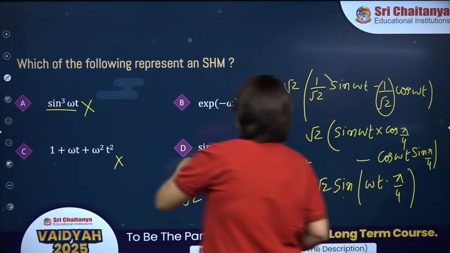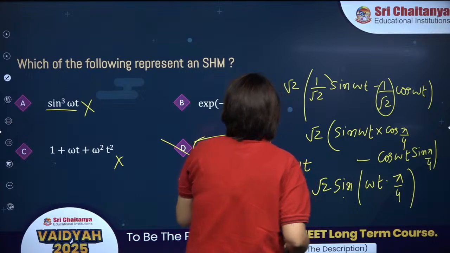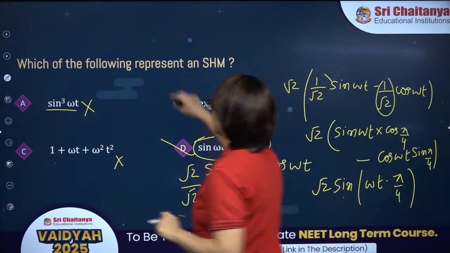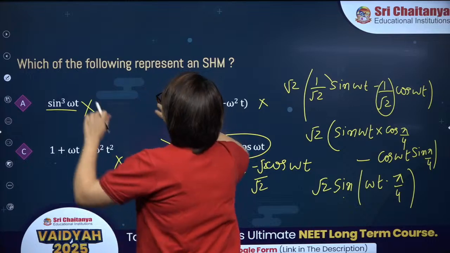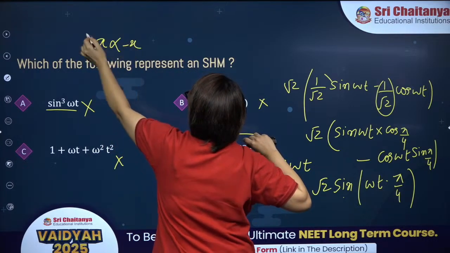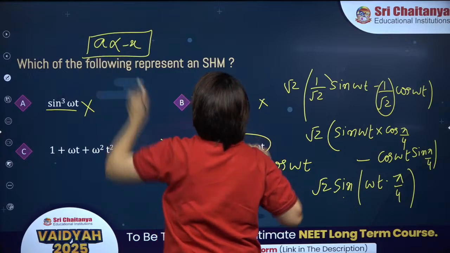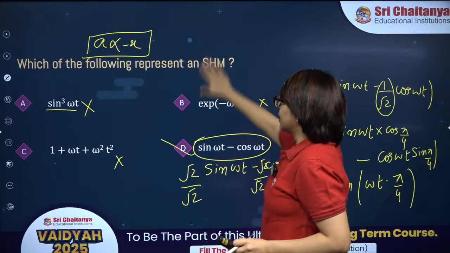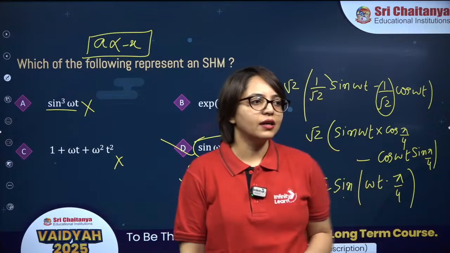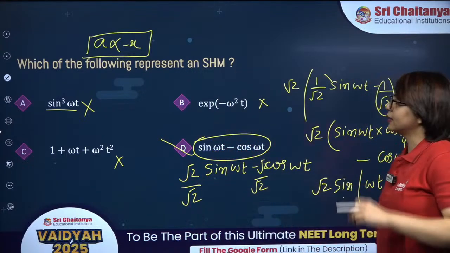So this is the function which represents SHM. Another way of verifying this is that acceleration should be directly proportional to minus x. If you do this also, then you can prove that this equation is SHM. Fine. So the correct answer is option D.